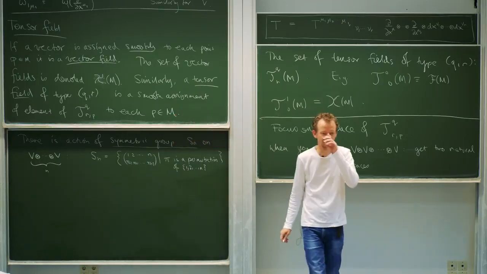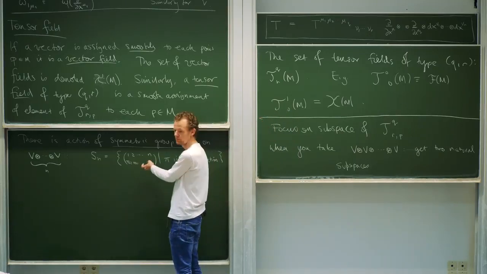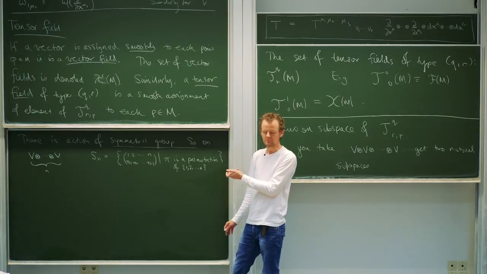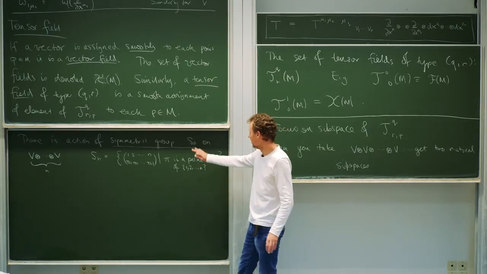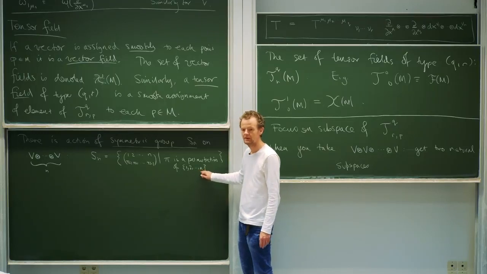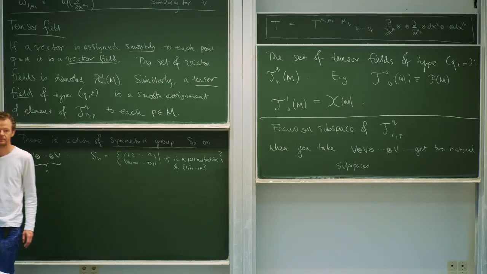The symmetric group consists of all permutations, which I've written. There are multiple notations you can use for permutations. Here's one, here's another. The symmetric group is the set of all permutations of the set 1, 2, 3, all the way up to n. And there's a natural way that the symmetric group acts on this tensor product here.